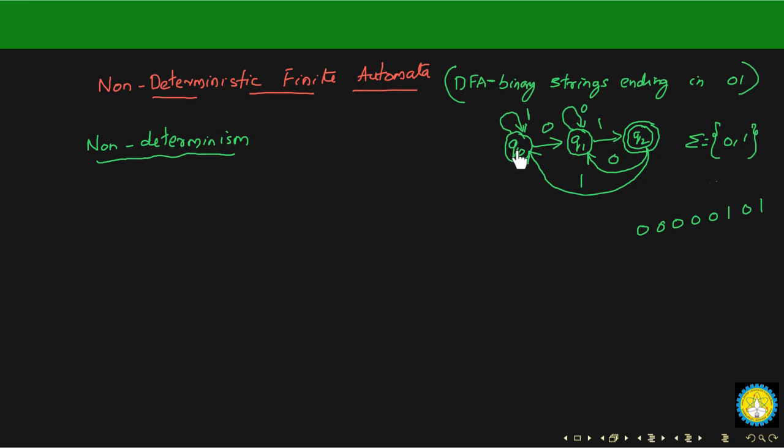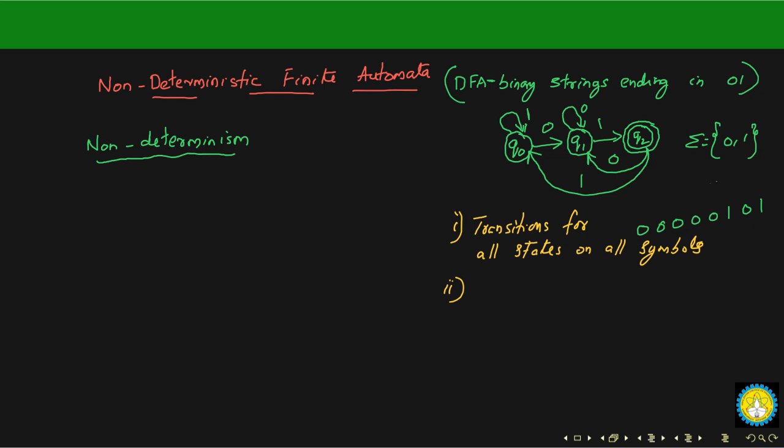So from Q0, you should define the transition for 0 as well as the transition for 1. It is applicable for every state. For Q1 also, you should define the transition on 0 and on 1. Similarly, from Q2 also. So for every state, you have to define the transitions on the entire alphabet set, which in this case is 0, 1.